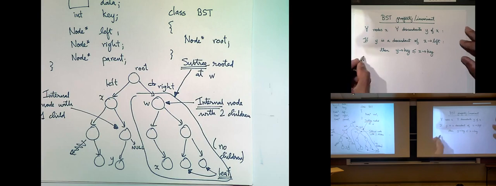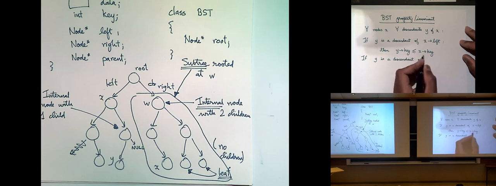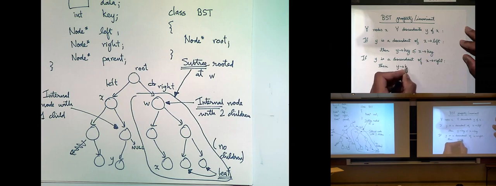And if y is a descendant of x arrow right, then y arrow key is greater than x arrow key.